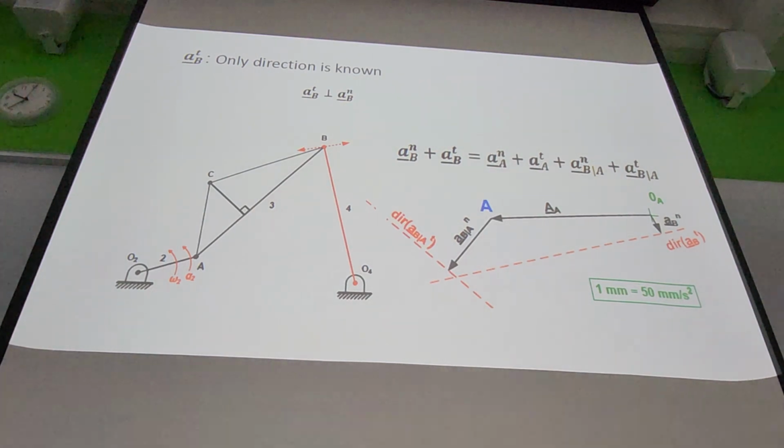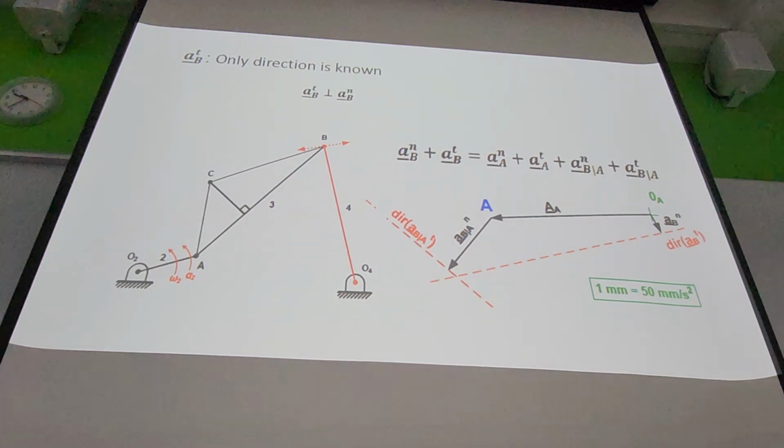Okay, all right. Is that clear? The acceleration polygon. The concept is always that we are linking two points, so make note of that. So A and B, now the polygon is complete. Now you can read the magnitudes from the polygon, from your drawing.